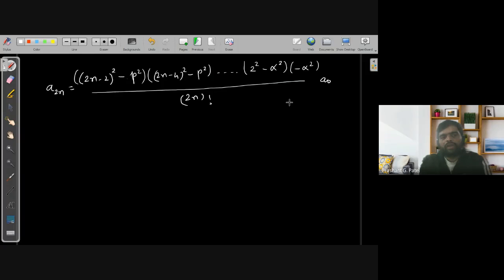Now let us assume that this p is an integer. Okay, then there will be two cases: either this p is an odd integer or an even integer.